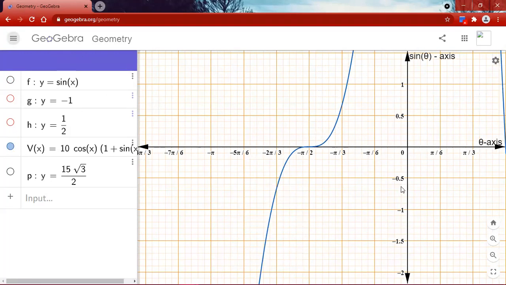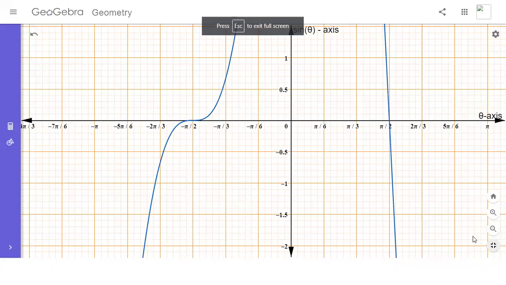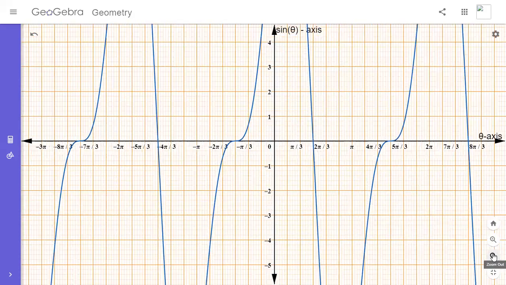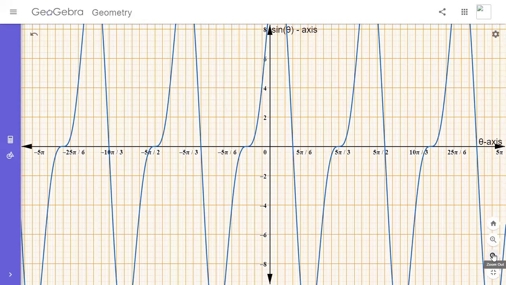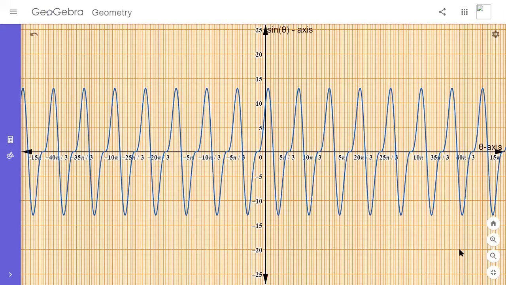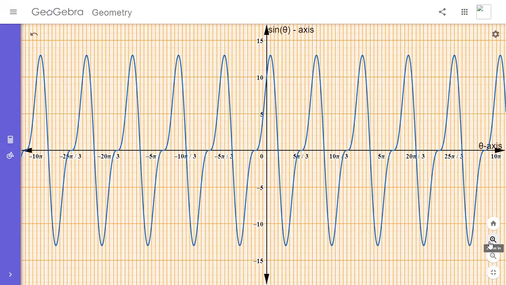Let me zoom out a bit so that you see the full graph. That is the graph of volume V, which was 10 cos theta multiplied by 1 plus sine theta. That is my graph.